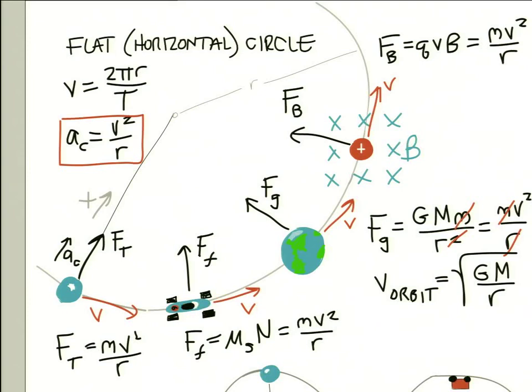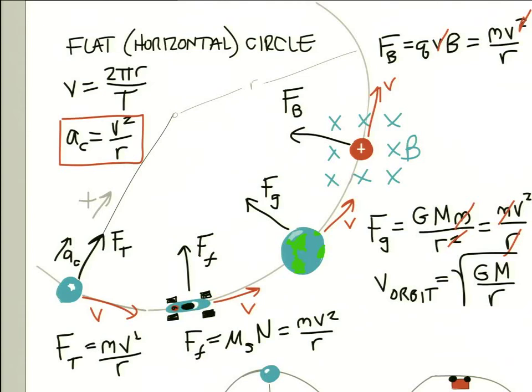Again, you can see that we can do some canceling here because we have the velocity of the charged particle on both sides, which would eliminate the square on this side. And now you have a new relationship that could be used to solve for any of those quantities. Often this one is solved for the radius, for instance, or maybe it's the velocity of a particle that travels in a particular radius, and you can use that relationship.